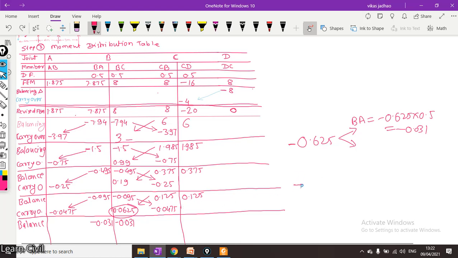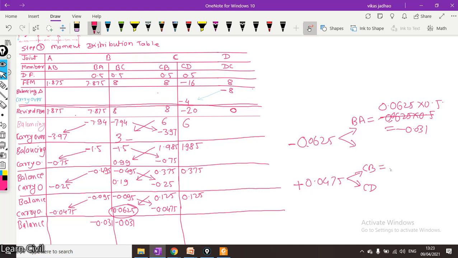This minus 0.0475 will be balanced by a moment of plus 0.0475 and it will be shared by CB and CD. So here again this 0.0475 will be balanced by a positive moment of plus 0.0475 and it will be shared by CB and CD.